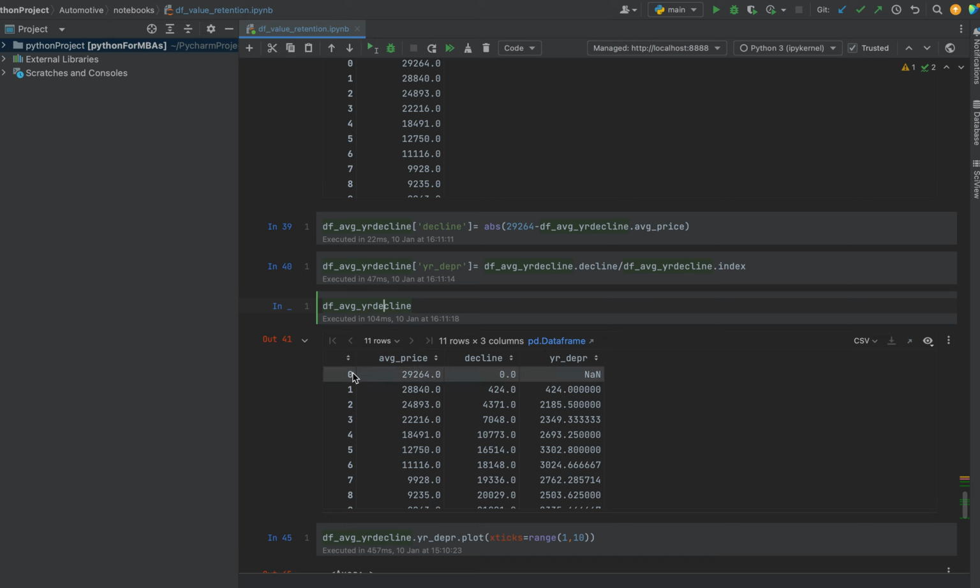So this is the year, how old it is, the average price. Obviously it has zero decline. This is how much it declined from the previous year. This is like the cumulative right here. Or, well, is that a cumulative?